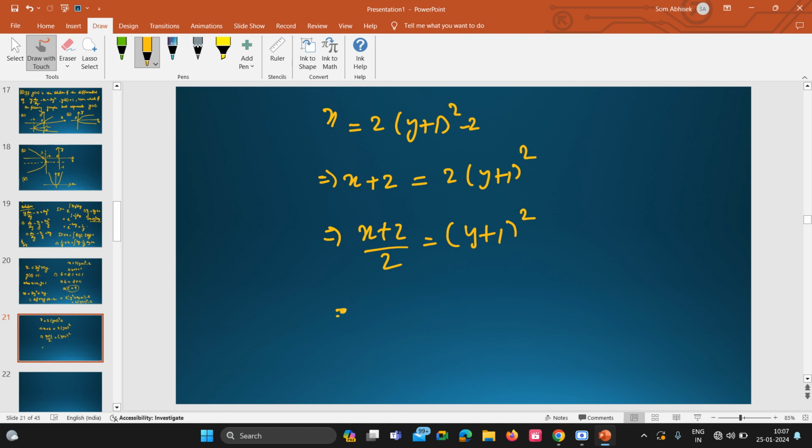So if you see, we know y square is equal to 4ax. This is the equation of what? Parabola. Here it's something like this: y square is equal to something into x, isn't it?